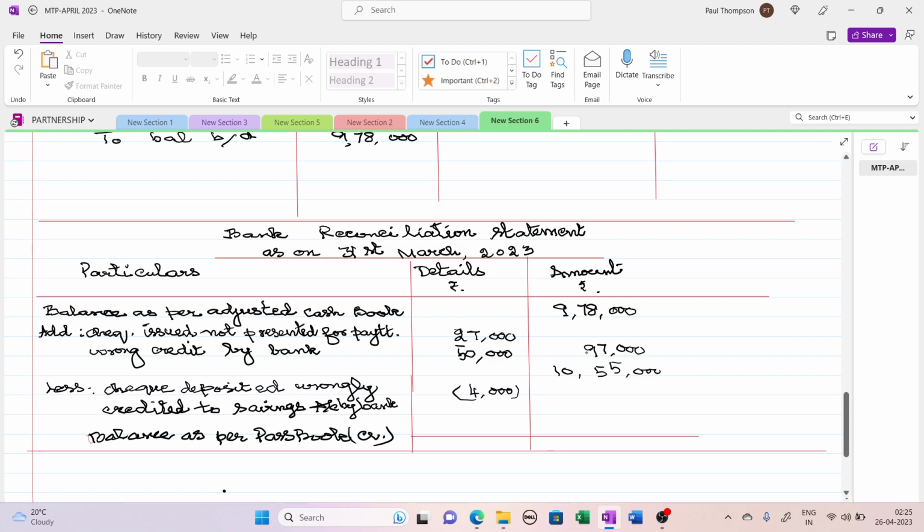So 10,55,000 we have to reduce 4,000. So my balance as per passbook is 10,51,000. The same answer as we got in the BRS when we prepared it.